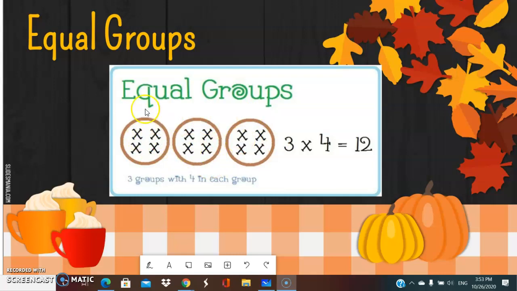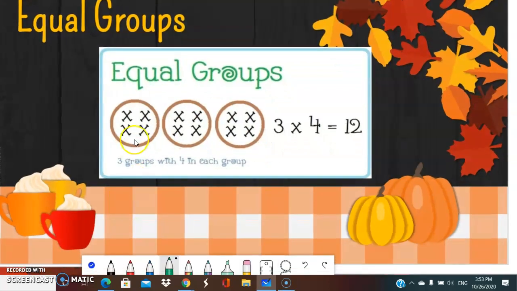So we have again 4 plus 4 plus 4, which gives us a sum of 12, or a shortcut would be 3 times 4, which is equal to 12. Same representation.